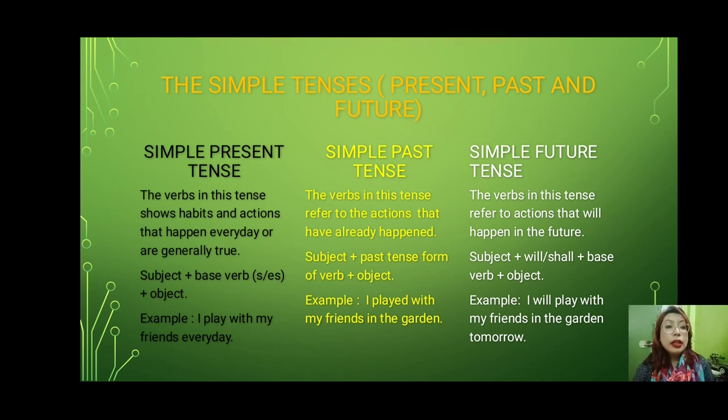I will. Will play. Now I have to use the base verb form. I cannot use the past tense form; I will played would be incorrect. So for future tense, I need to use the base form of the verb. So I will play with my friends in the garden tomorrow.